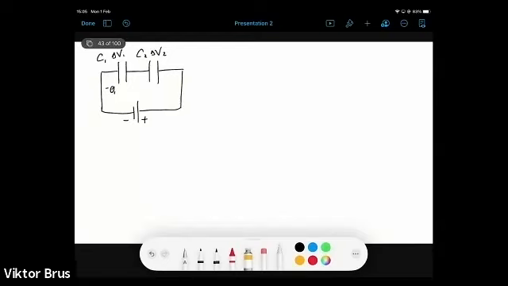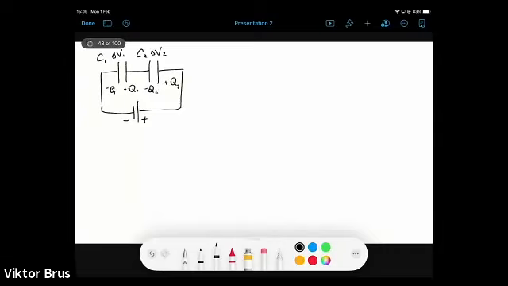So on the opposite side, it should be plus Q1. The same from the right. Here we have plus Q2, and here we have minus Q2.